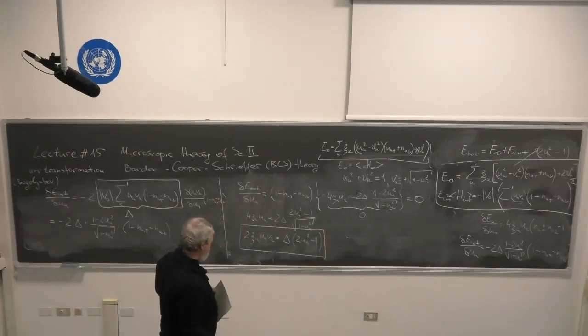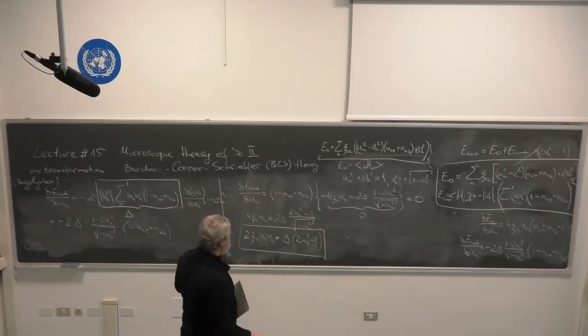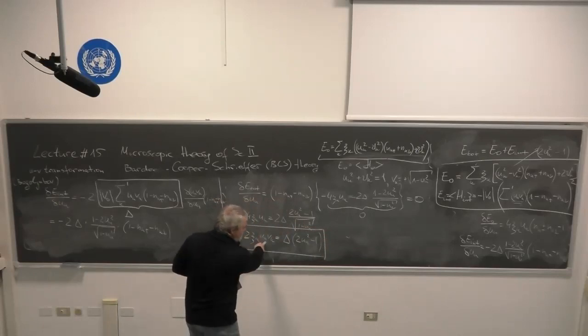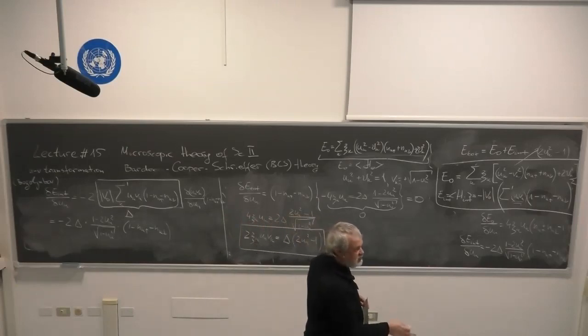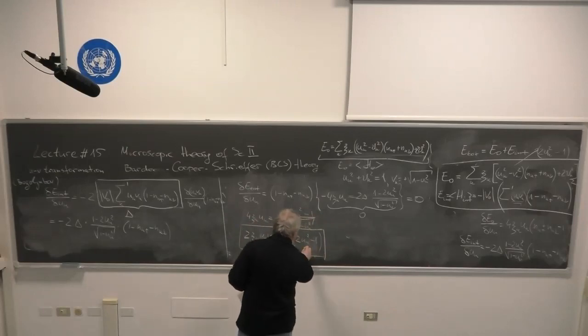I should remember that uk and vk are positive because I took the branch of the square root with sign plus. What we have here is uk squared minus vk squared.